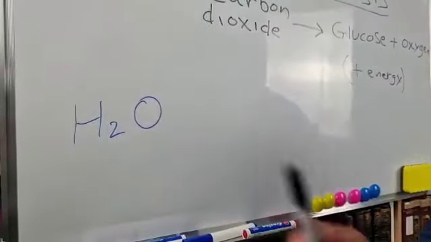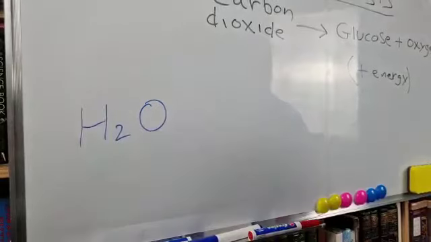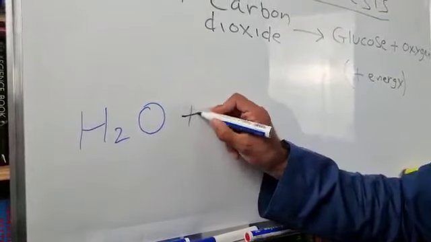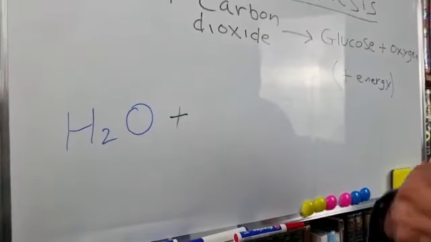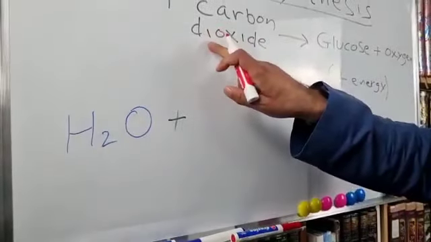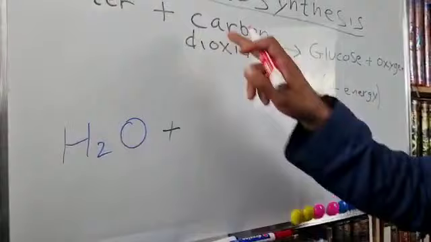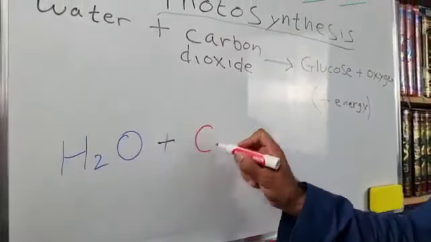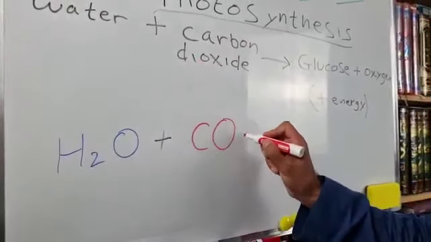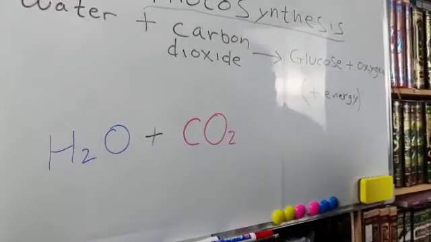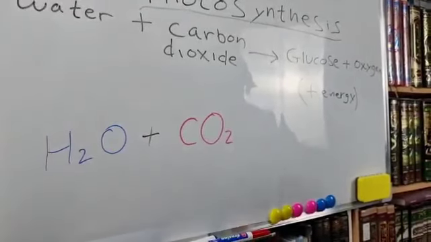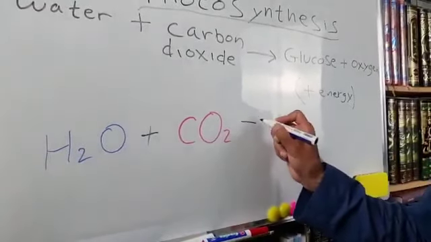H2O means two hydrogen atoms, one oxygen atom, plus, and you see I'm using different colors, carbon dioxide. The 'di' means two oxygens. So I've got one carbon and two oxygens there. Carbon dioxide. Now, as I've already mentioned, you can't draw an equal sign. It has to be an arrow.